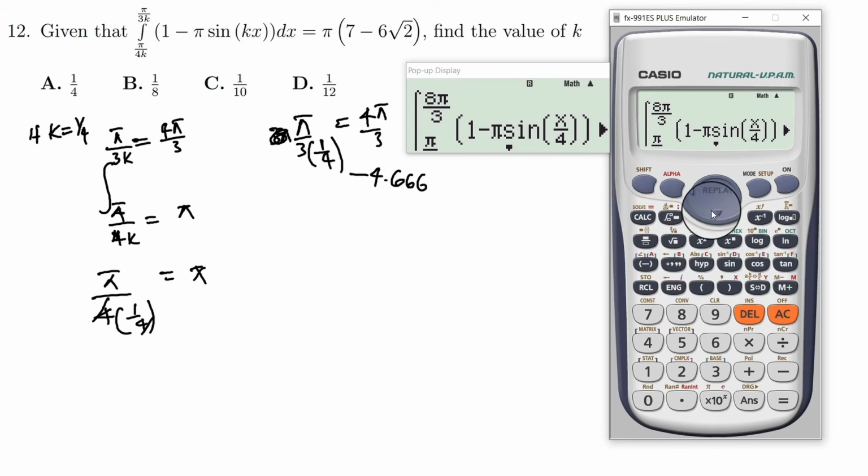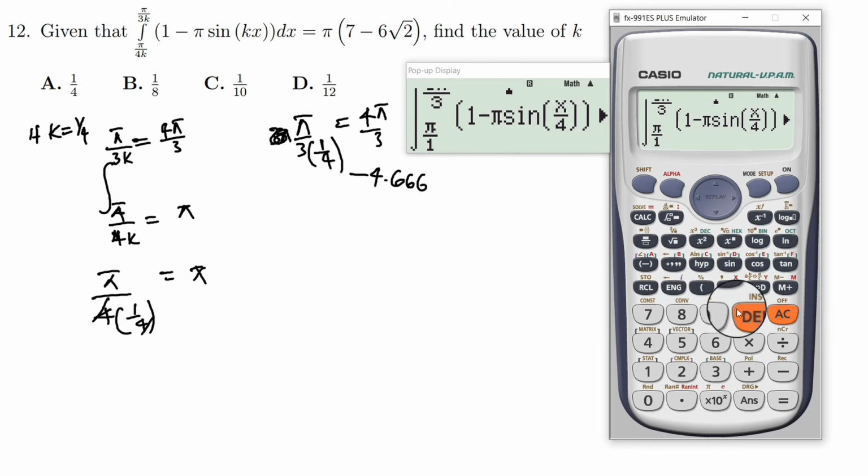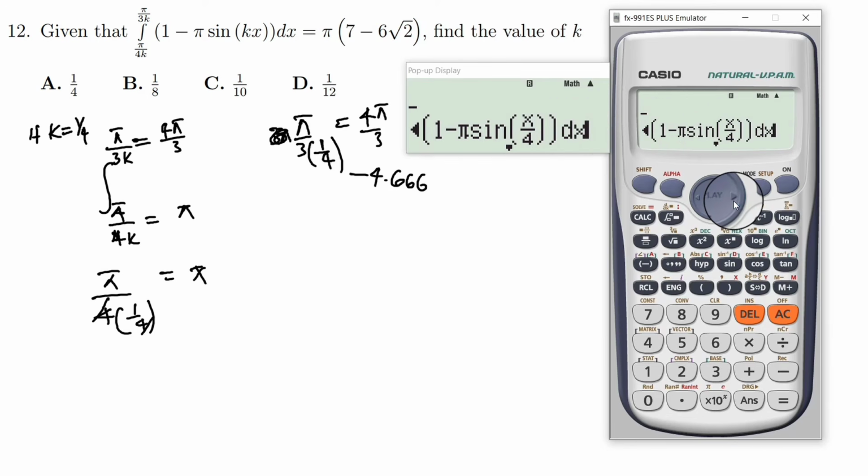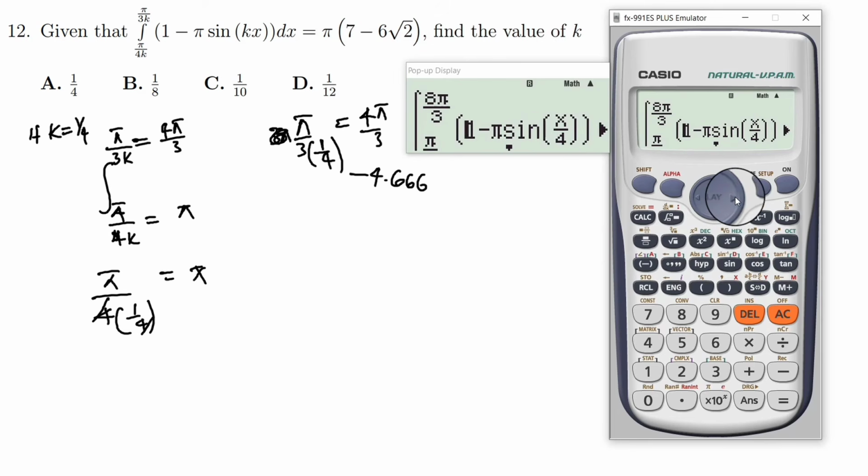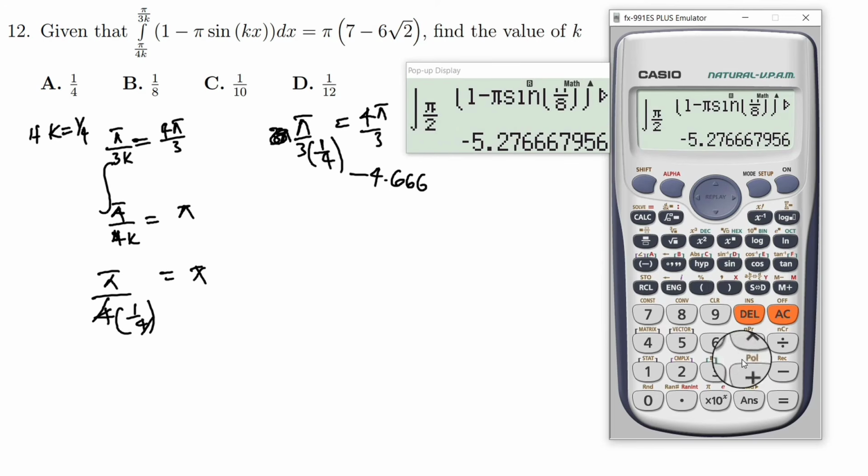Then the lower limit here would be pi over 2. Then I'm going to have this to be x over 8, because my k is 1 over 8. So let's see what we're going to have. So I have this to be minus 5.2766. Still not yet the answer.